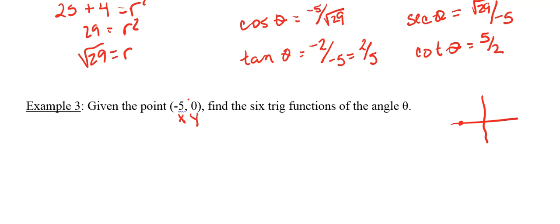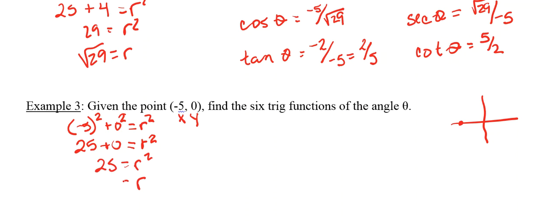So I have an x and a y. I still would do the process of the Pythagorean theorem. Hopefully what you will notice as we do this, negative 5 squared is 25. Plus 0 squared equals r squared. 25 plus 0 is 25.